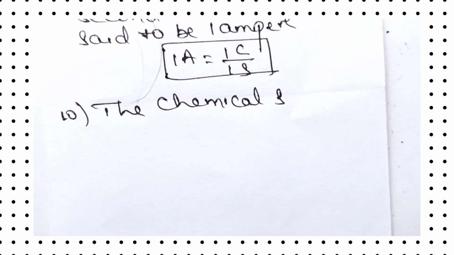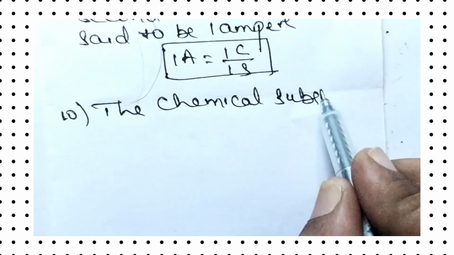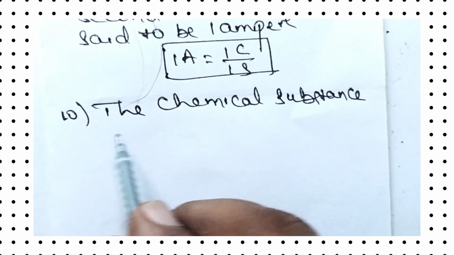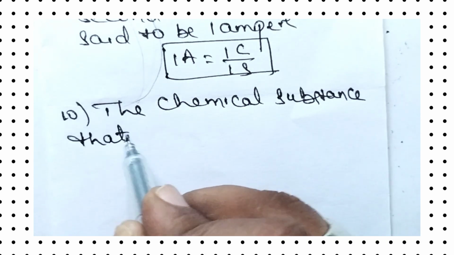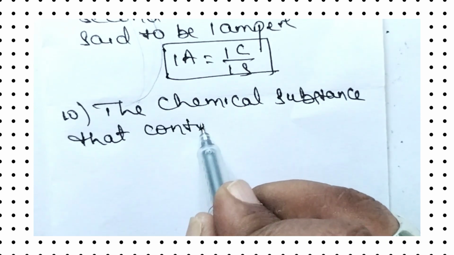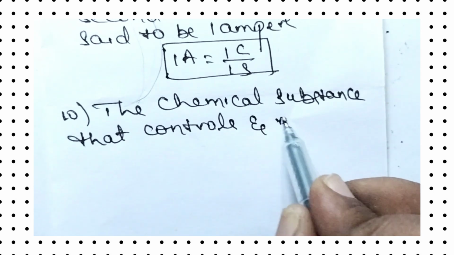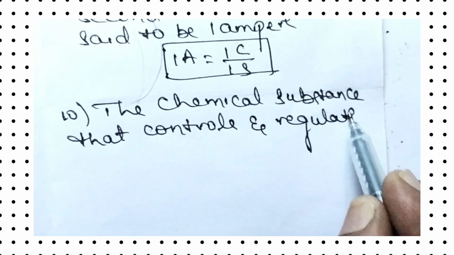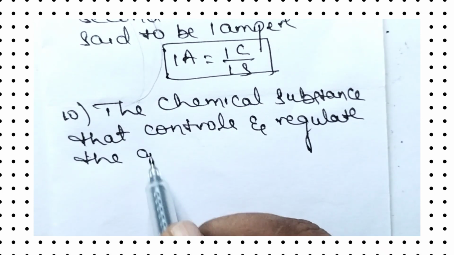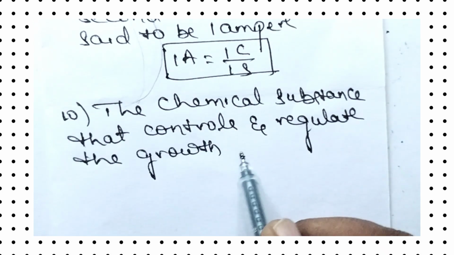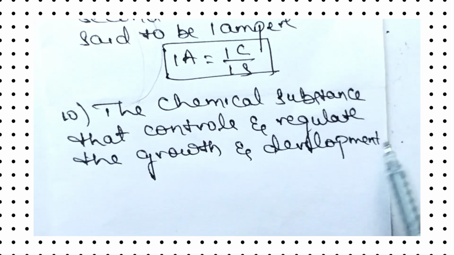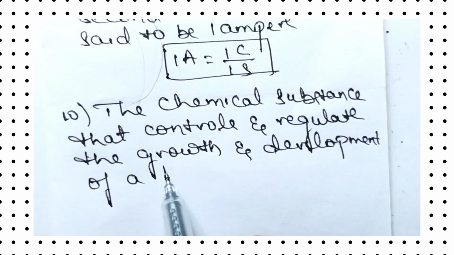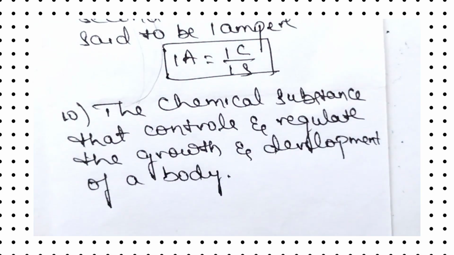They are also called chemical messengers that control and regulate the growth and development of the body.